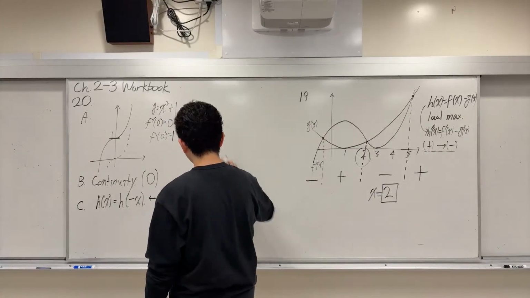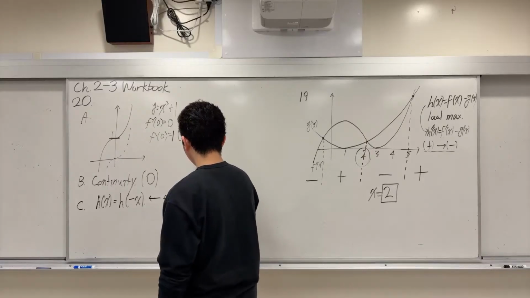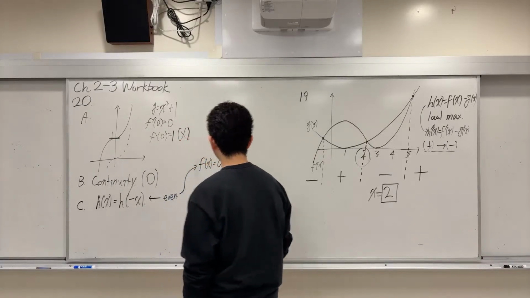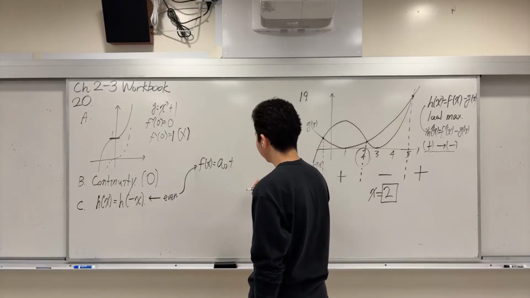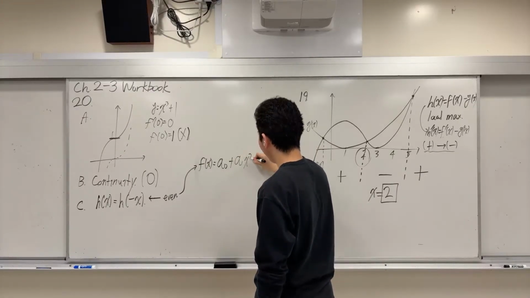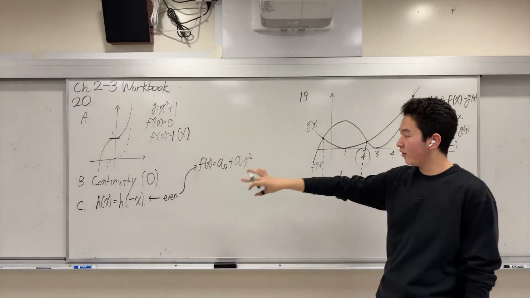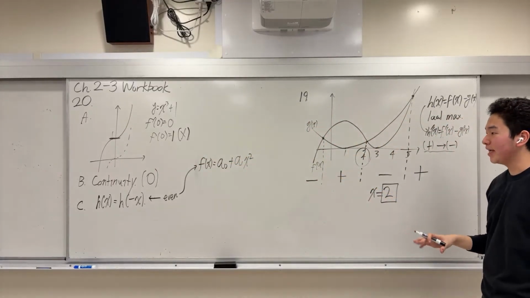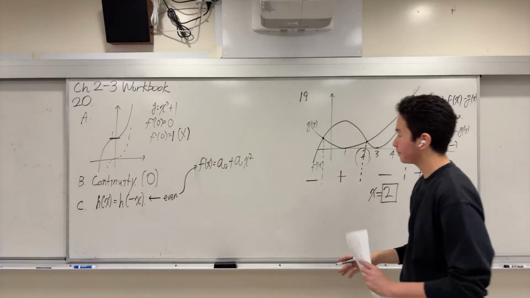Let's call this a0. So that will be our constant term, plus your next term has to be x squared. Since, remember, adding an even function to an even function makes it even, right?